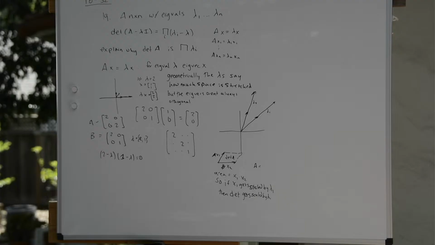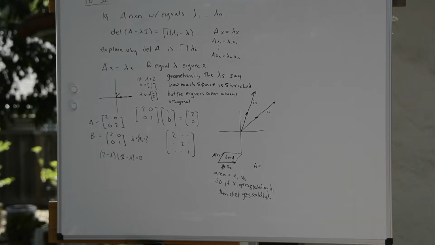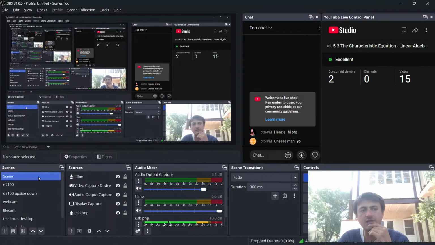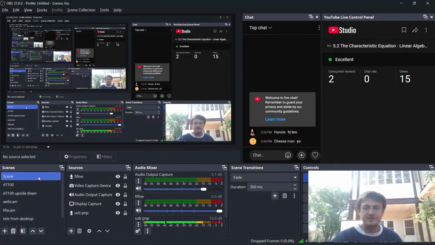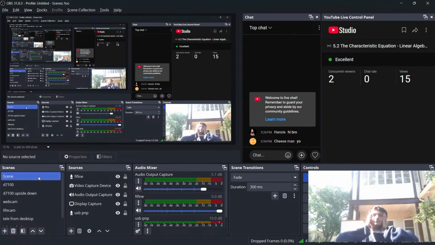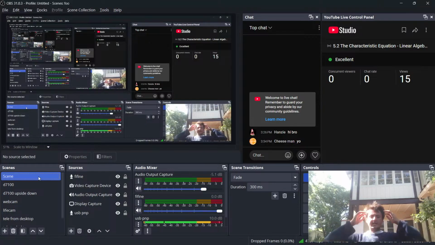Multiplicity is actually really interesting, because can you have two eigenvalues that are the same but have different eigenvectors? Yeah, you can.